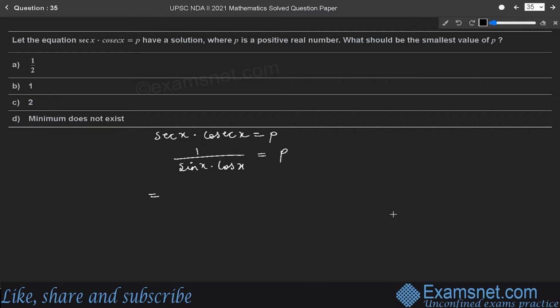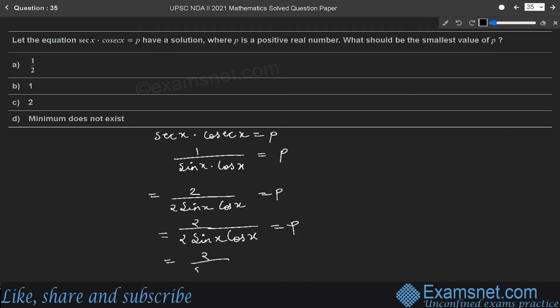So again multiplying and dividing by 2, it will be 2 upon 2 sin x cos x is equals to P. See, the formula for 2 sin x cos x is sin 2x.